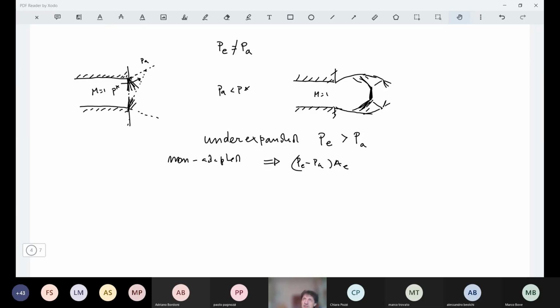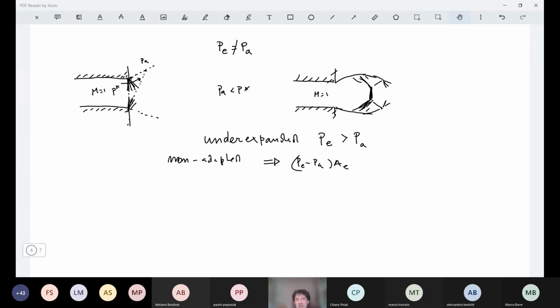When we were considering, we started from the case that PA is equal to P0, we have no flow, then we decrease pressure and we saturate. And this short discussion here is what happens once we saturate, when we go to further lower ambient pressure values. There will be something outside that will rearrange the flow towards the atmospheric condition.